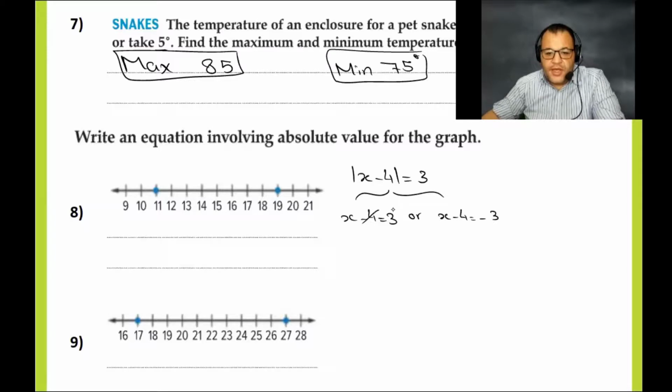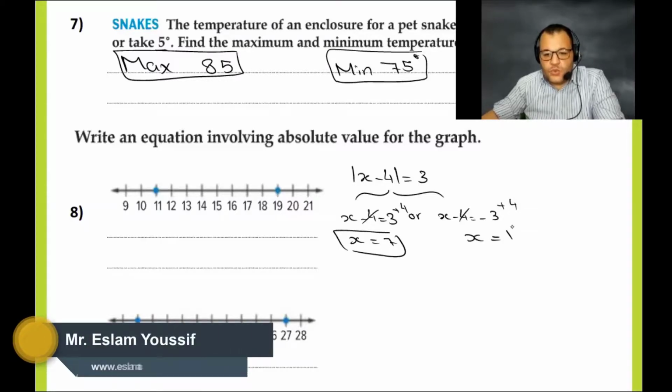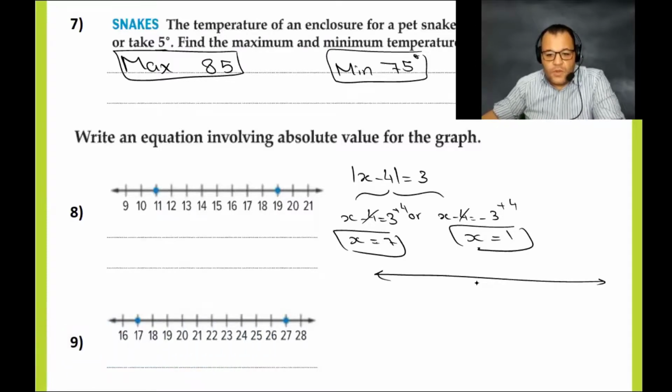Then solving by adding 4, x equals 7 or x equals 1. So the solution is 1 and 7. If you graph it, here will be 0, 1, 2, 3, 4, 5, 6, 7. We will shade 1 and 7. That would be the solution.